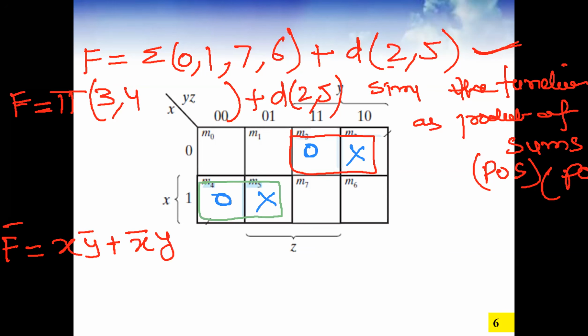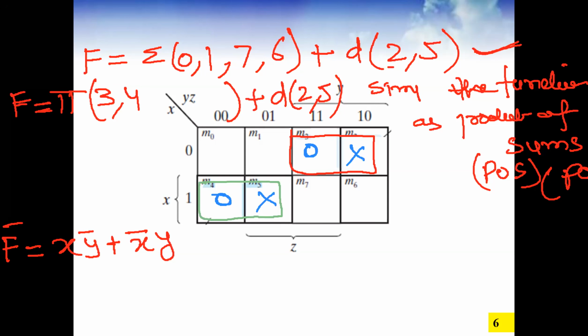Now what we need, we have been asked to find the solution as a product of sums. Is this a product of sums? No, this is a sum of products basically, and this is a complemented function. So what I will do, I will take the complement on both sides, girls, and I will apply the De Morgan theorem.